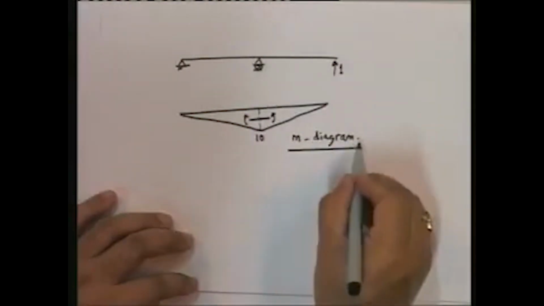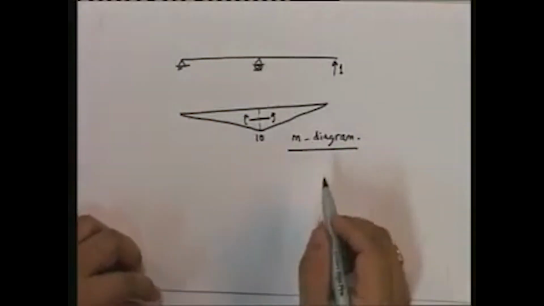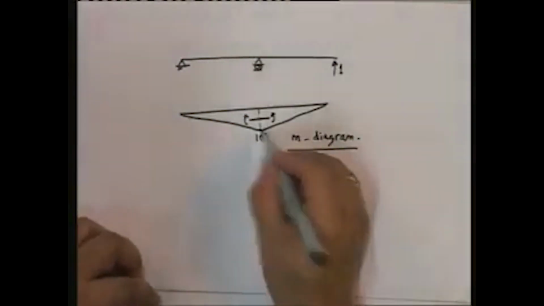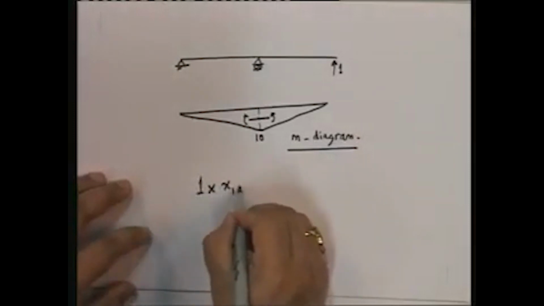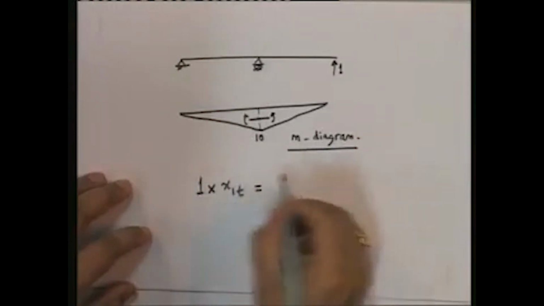diagram. Okay. And what I need to do is find out x1 of t, which is going to be 1 into x1 of t. That's the work done.